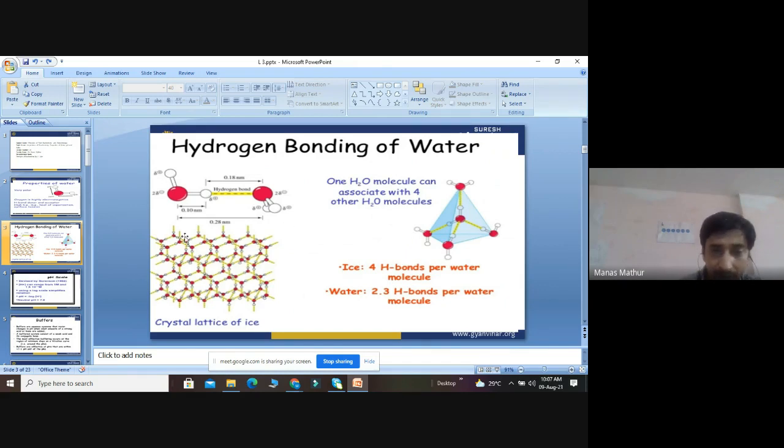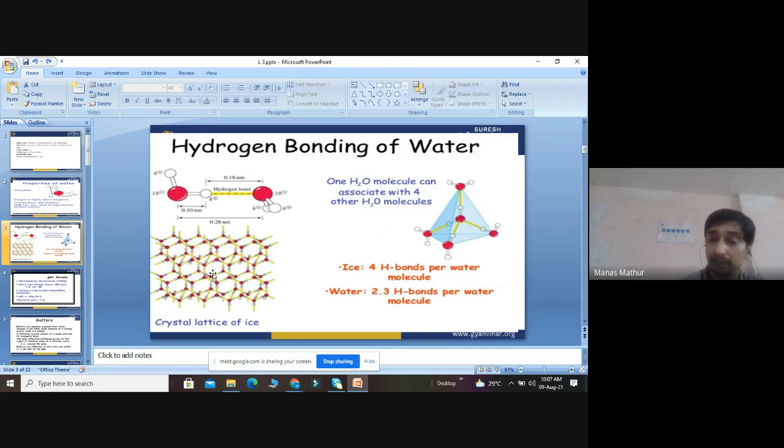It is a crystal lattice structure. So when water molecules appear in this type of compactly packed structure, they will appear in the solid form. They will form ice. So this compact lattice structure is called ice.